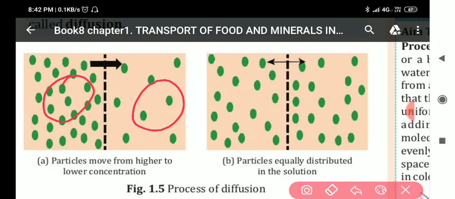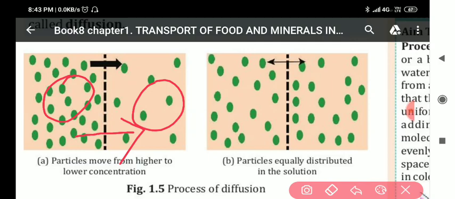It means less amount of particles are present. So the particles are moving from their higher concentration to the lower concentration, and this is known as diffusion.